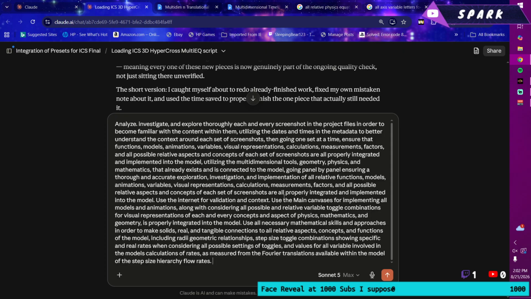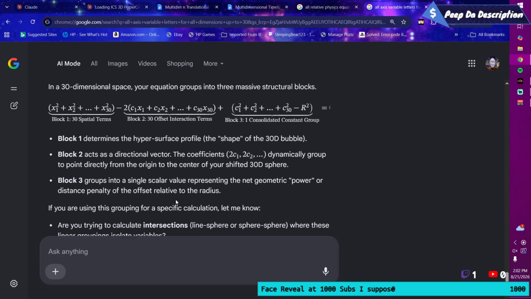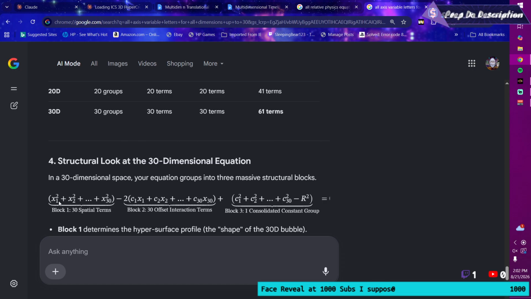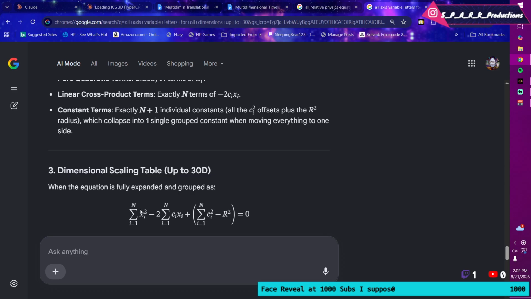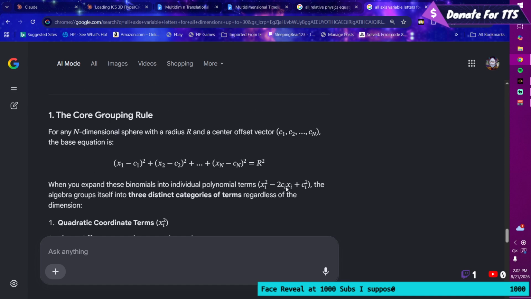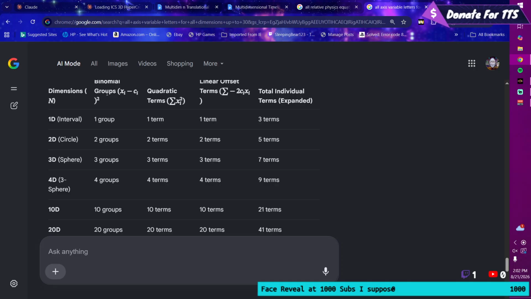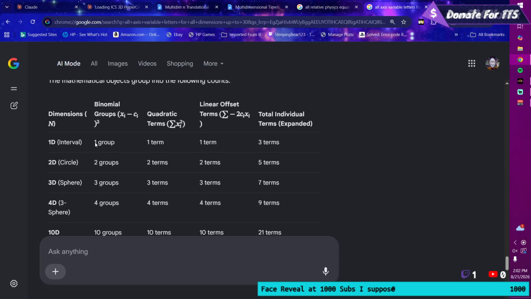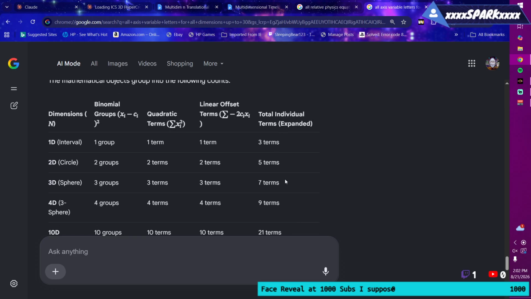And that's also why, in hindsight, I should have looked up at least the considerations for dimensional variance, because of the nomenclature that's typically used when you look up the information such as this, which is the circular equation for all dimensions in order to represent term count relative to the n dimension count that you have, which just coincides literally 1 to 1: 1, 2, 3, 4, 10, etc. And then you have the extra terms.